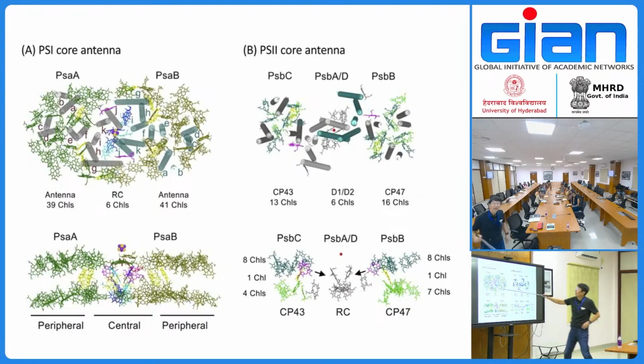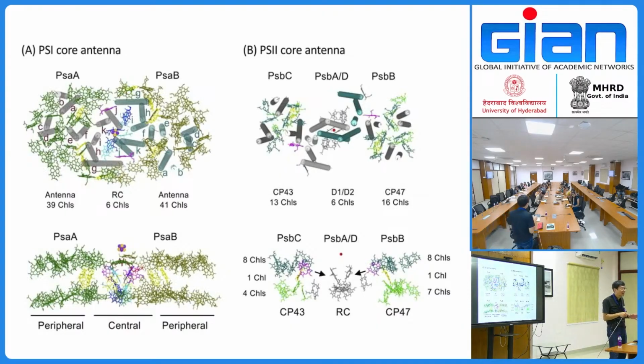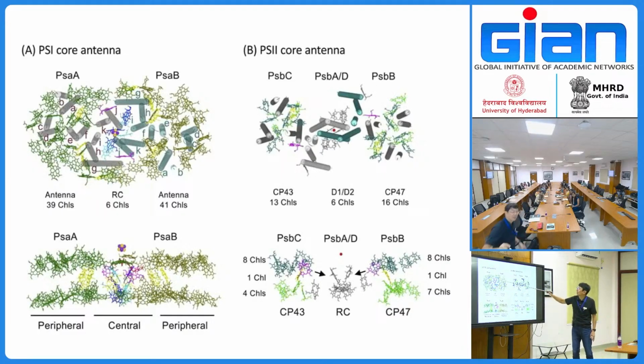And this is a terminal domain of PSAA and PSAB. It associates only antenna pigments. So we call this part core antenna. This part is reaction center. Okay, core antenna, reaction center.